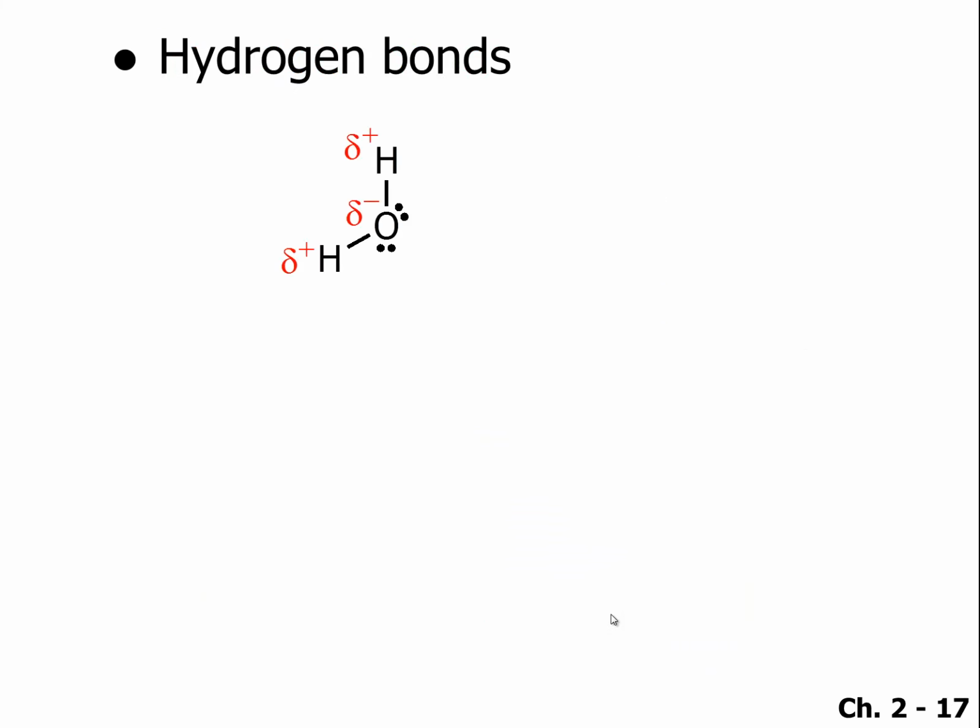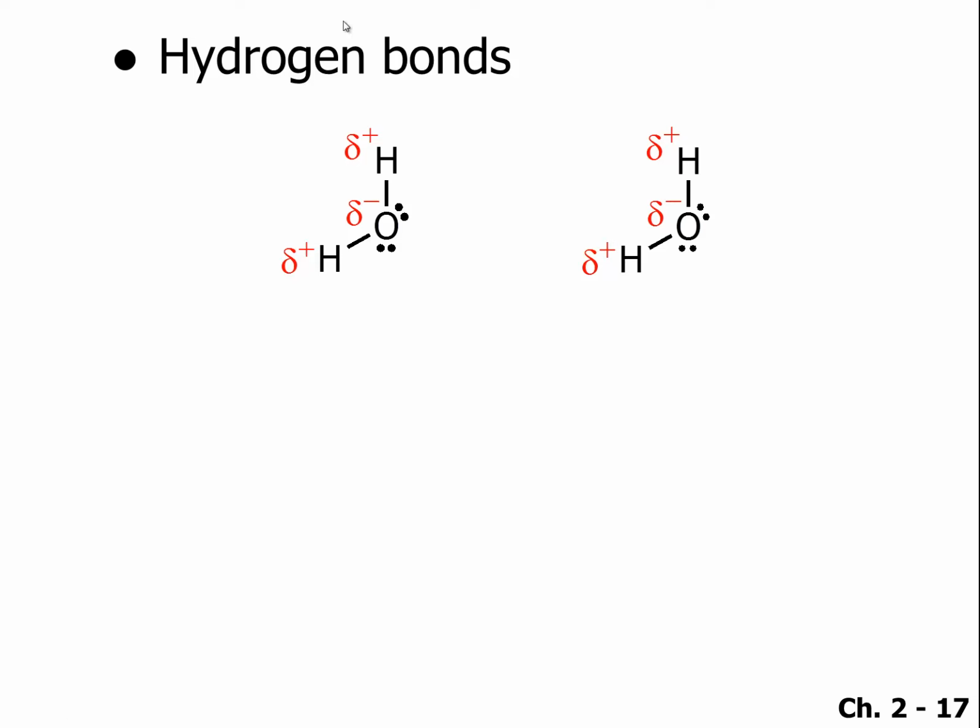So let's take water for example. So here we have an example of an OH bond, right? So we said in order to have hydrogen bonding, we've got to either have an OH, an NH, or an FH, right? Or a hydrogen that can interact with non-bonding electron pairs on an oxygen, nitrogen, or fluorine.